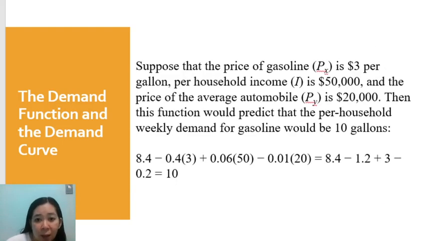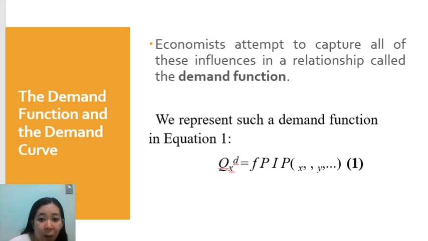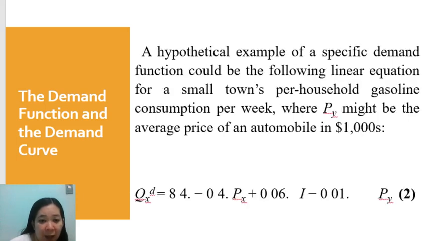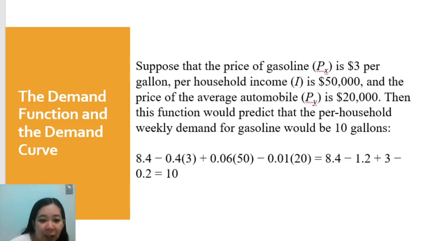Suppose that the price of gasoline, or P sub X, is $3 per gallon, per household income, or I, is $50,000, and the price of the average automobile, our P sub Y, is $20,000. Then this function would predict that the per household weekly demand for gasoline would be 10 gallons. So we followed the equation that we have in the previous slides. That's how you will determine their weekly demand.